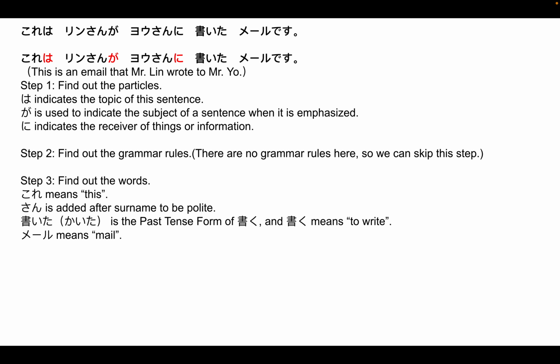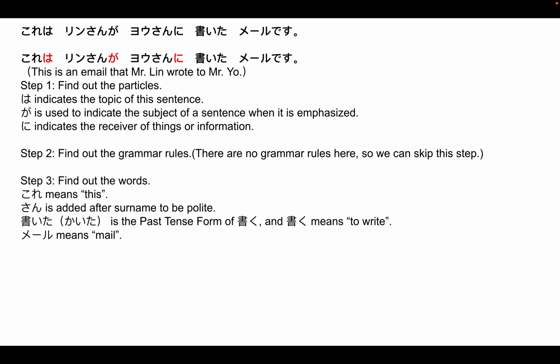これはリンさんがユウさんに書いたメールです。Wa indicates the topic of this sentence. Ga is used to indicate the subject of a sentence when it is emphasized. Ni indicates the receiver of items or information. There are no grammar rules here, so we skip step 2. Let's see step 3.